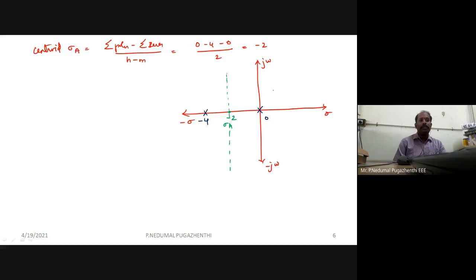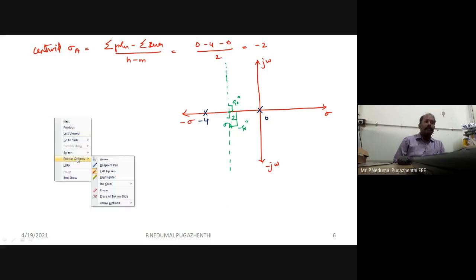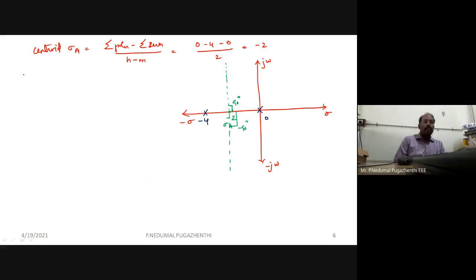This is my asymptotes, this is plus 90 and this is minus 90. Since it is an adjacent pole, there is a possibility of having a breakaway point.